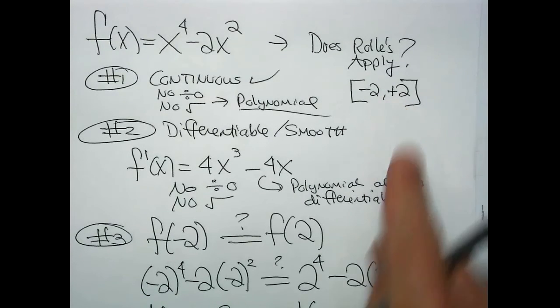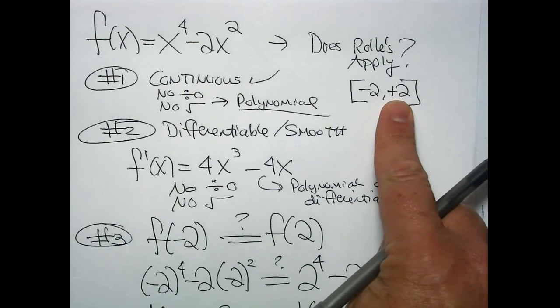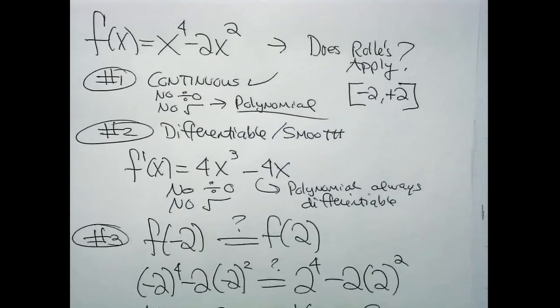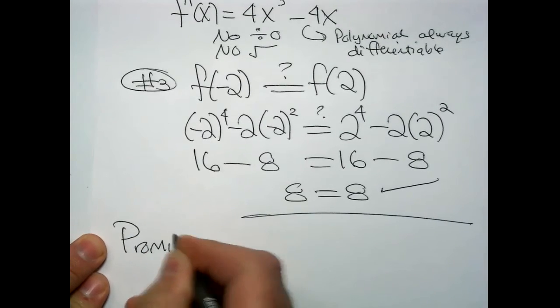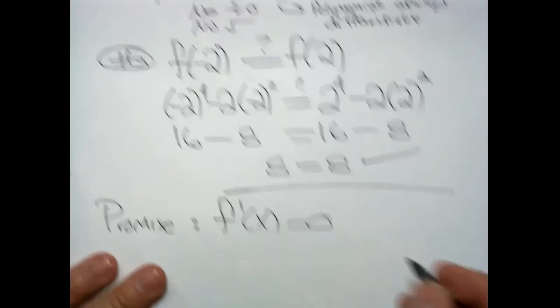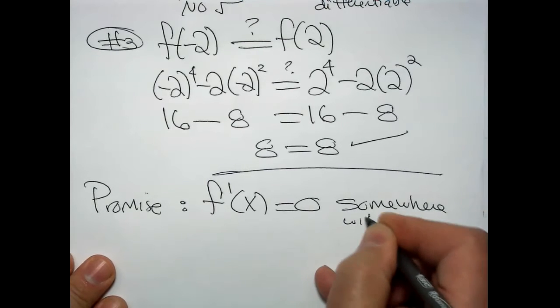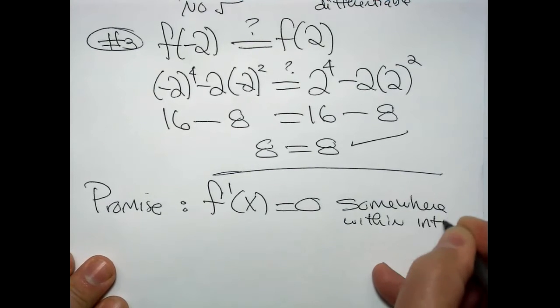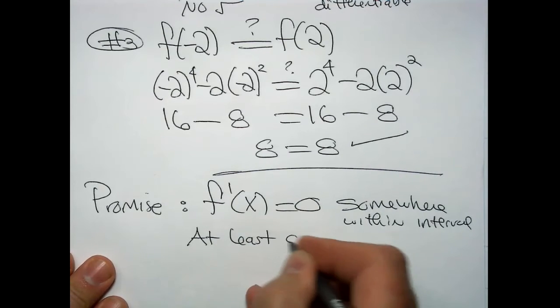Rolle's theorem promises you that somewhere on this interval there must be at least one critical number of the variety f prime equals 0. At least once, maybe more.